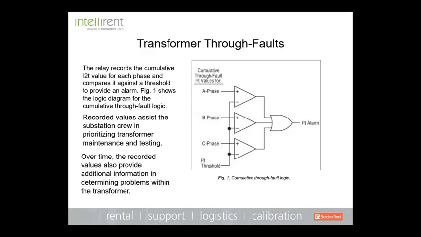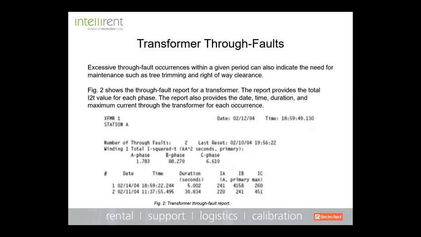So this is important information, no matter what the magnitude or the situation. Over time, the recorded values provide important information that ought to be looked at on a regular basis.